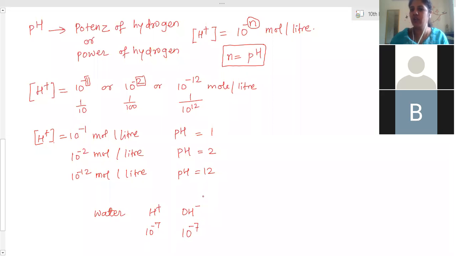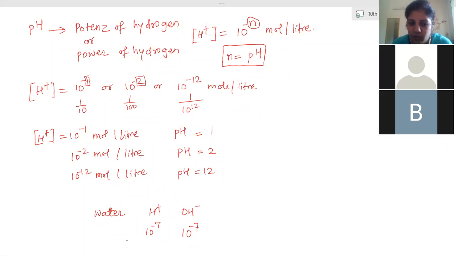So what is the total concentration possible? Both of them have equal value in this water. So if it is an acid, H plus ions are more in number, so how much more?